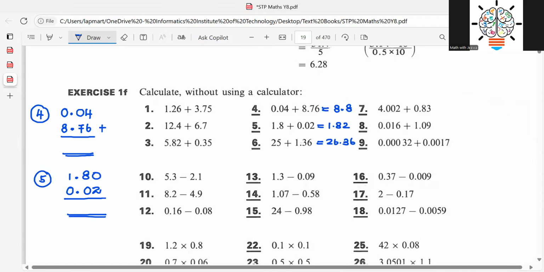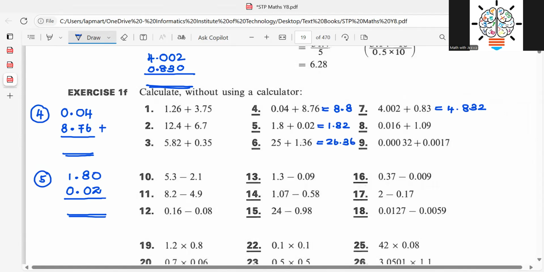And then the next one, children, you just see that if you have 4.002 and you have 0.83, and you add them together, if you feel there is a blank, you can put a 0. That is how you want to write 4.002 plus 0.83, so the answer is 4.832.